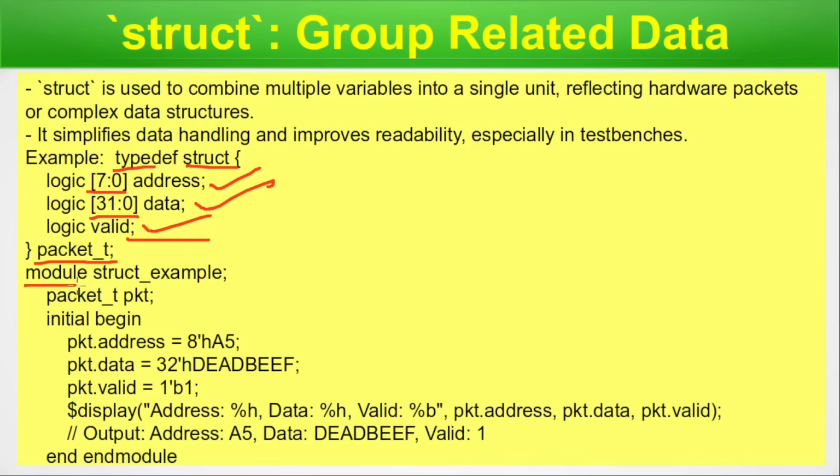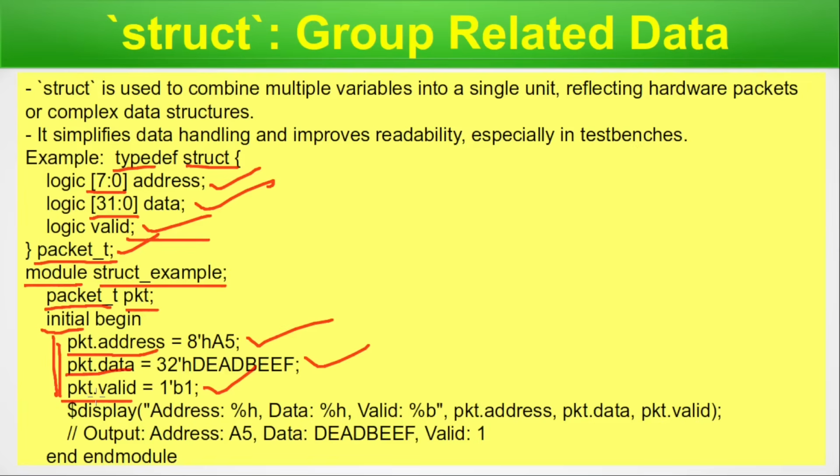Next we define the module, struct_example. Here we have already defined packet_t and we are using packet_t as packet. So we have the initial block. Here we type packet.address is this hex data, packet.data is this hex data, and packet.valid is this value. Looking at this initialization, you can recall that in Python also we have this dot operator.